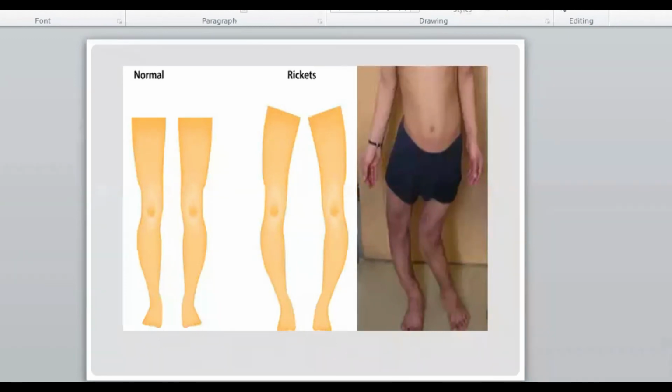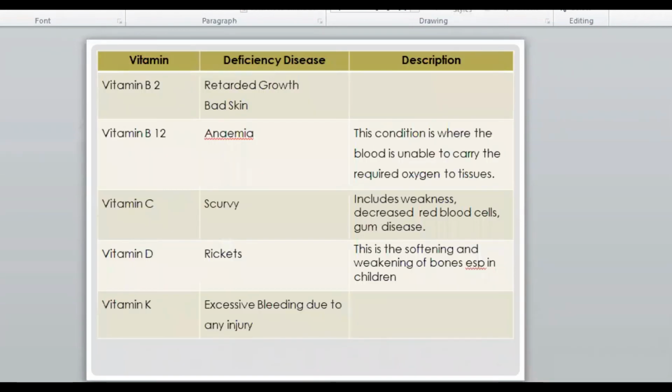Yes, miss. All right. Now, the last vitamin we're looking at is vitamin K. Whenever you have a shortage or lackage of it, you tend to have severe bleeding if you have any, it has to be a severe injury as well.